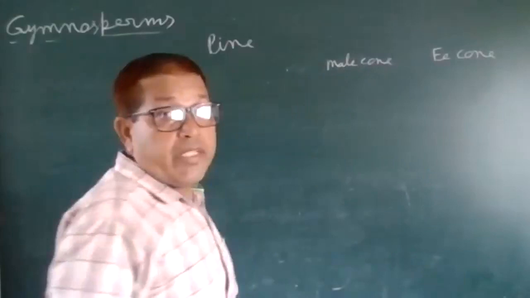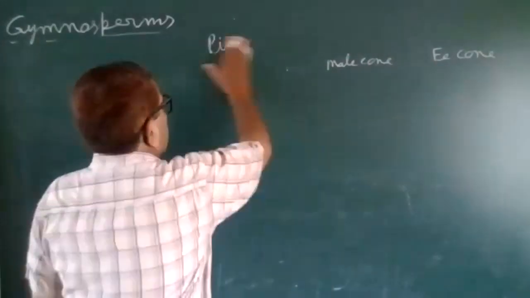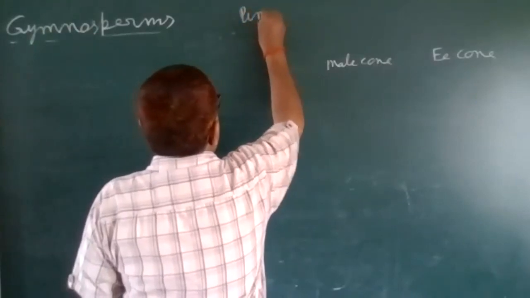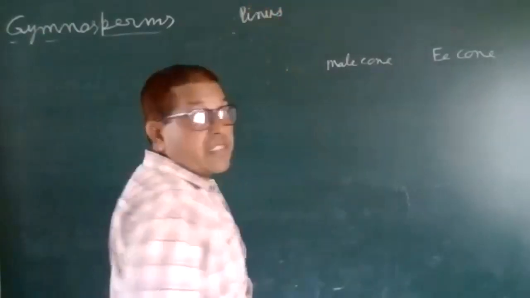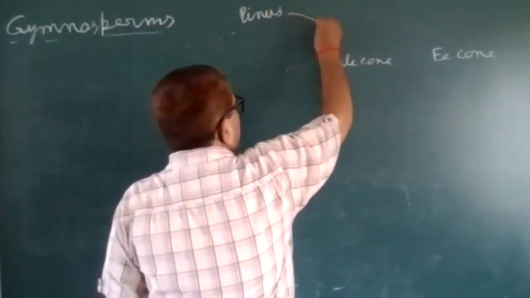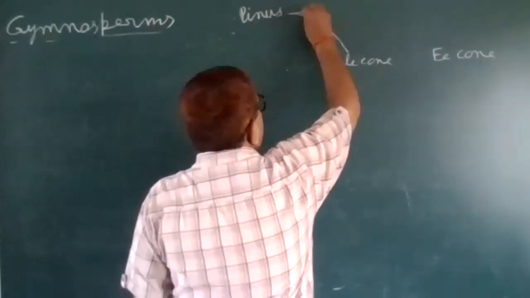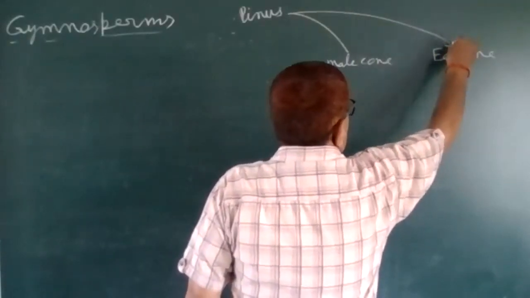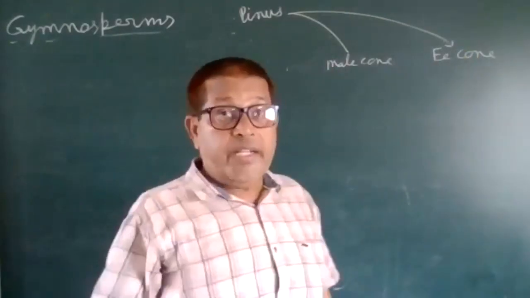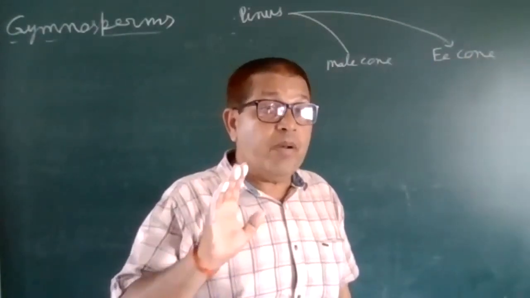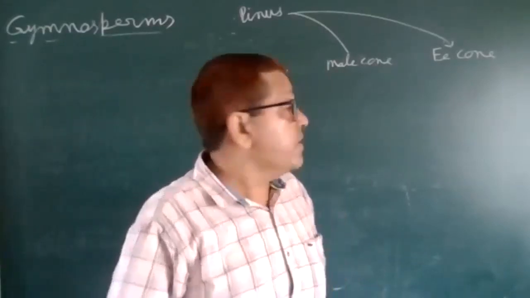Two types of cones are there, male cone and female cone. Both are found on the same plant. So the pine plant is monoecious.